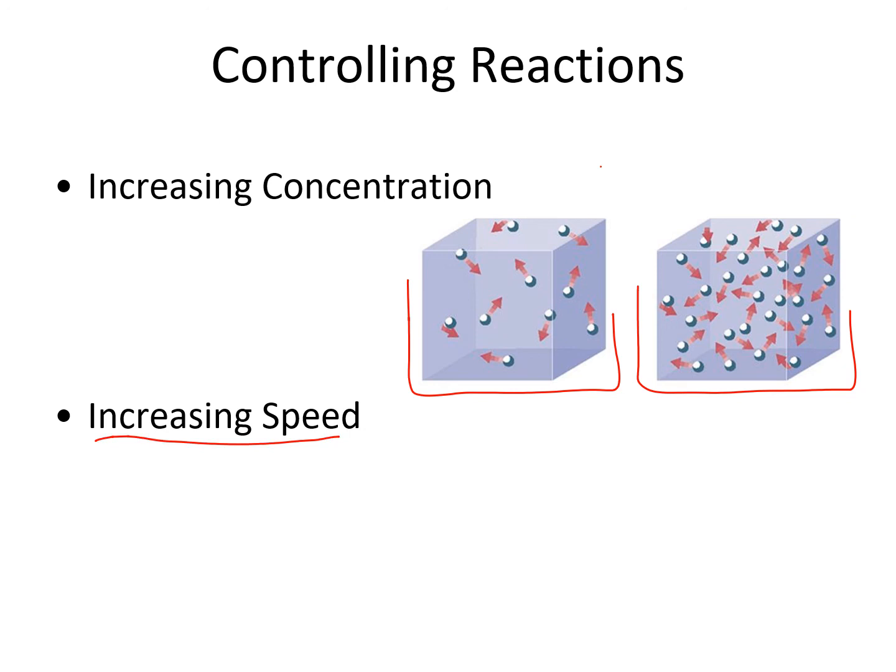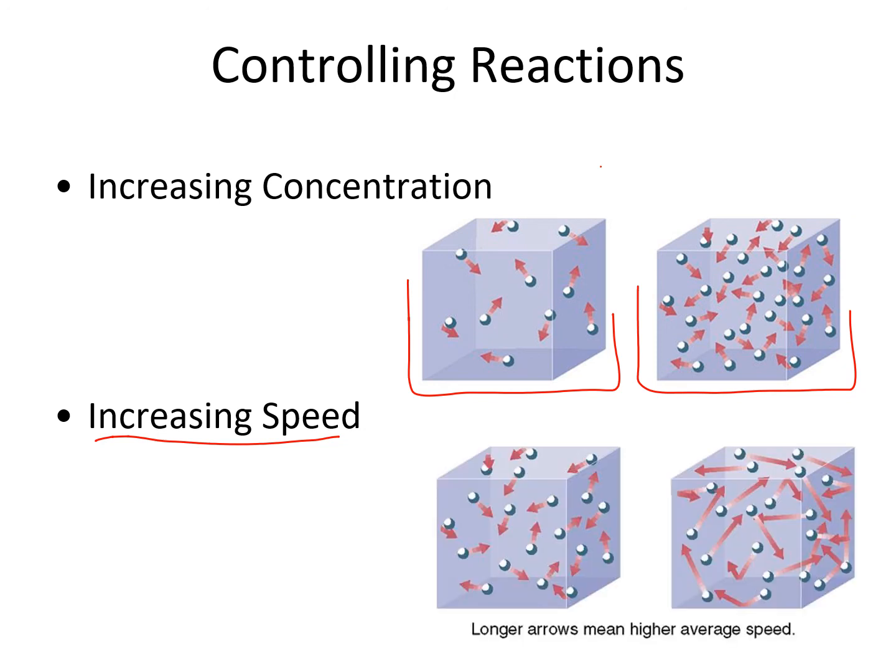And to do this, you increase the average speed of the molecules by increasing temperature. So in this case, you have the same concentration of molecules, but now as you increase speed, they have more energy and they interact with each other more often. So you are increasing the likelihood that those reactants will be converted into products.